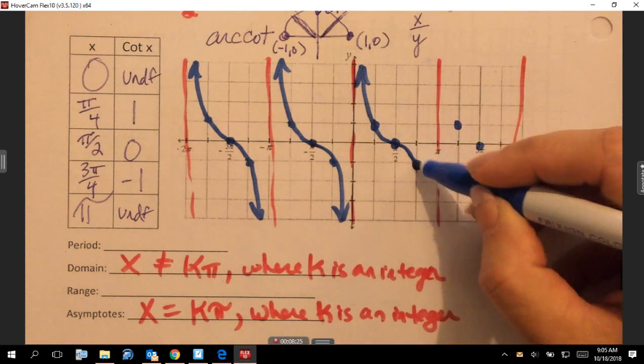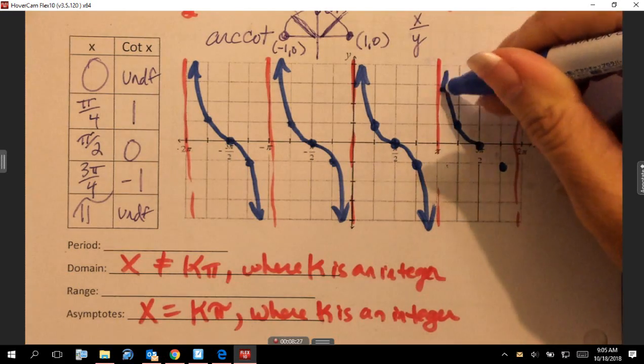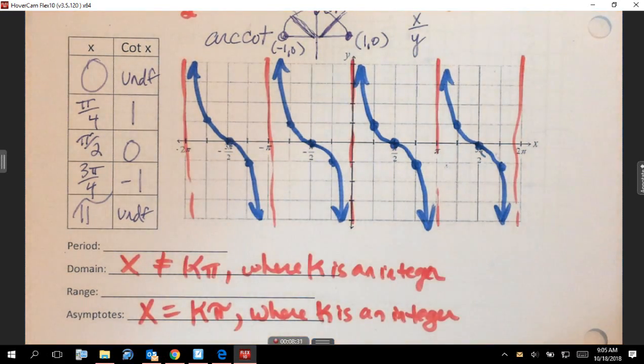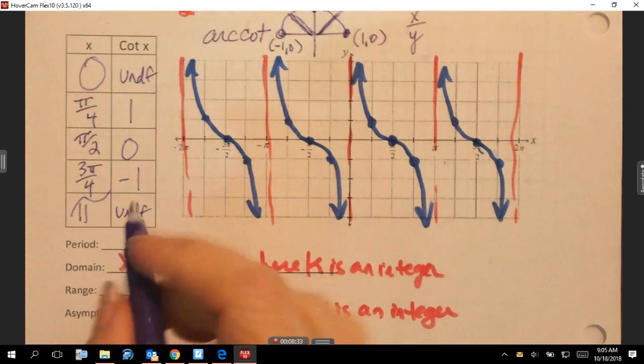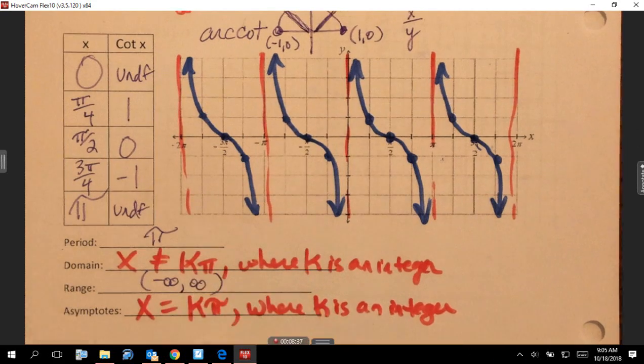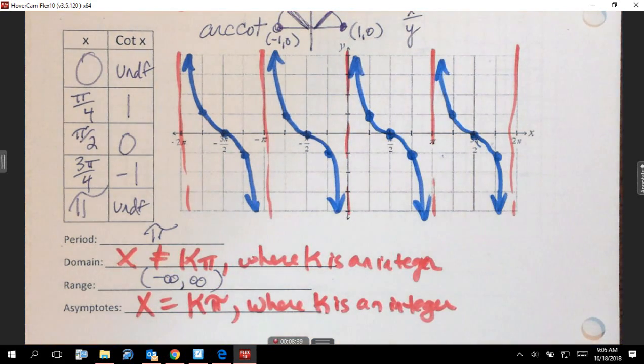If the point goes from the center down, it opens down. The period is pi, and the range goes from negative infinity to positive infinity.